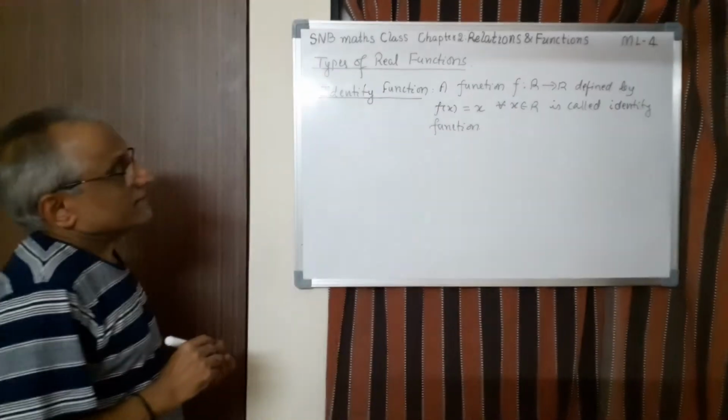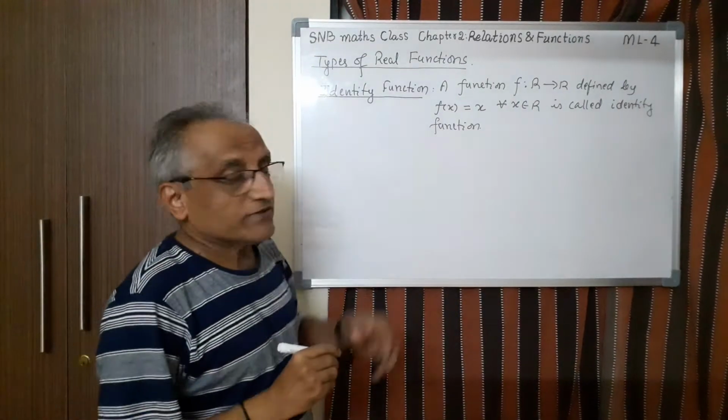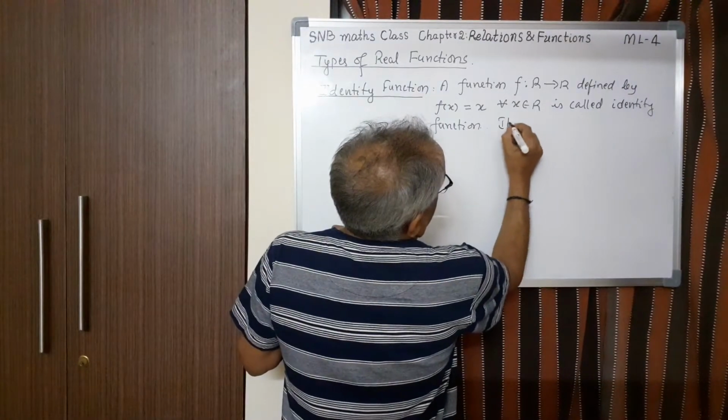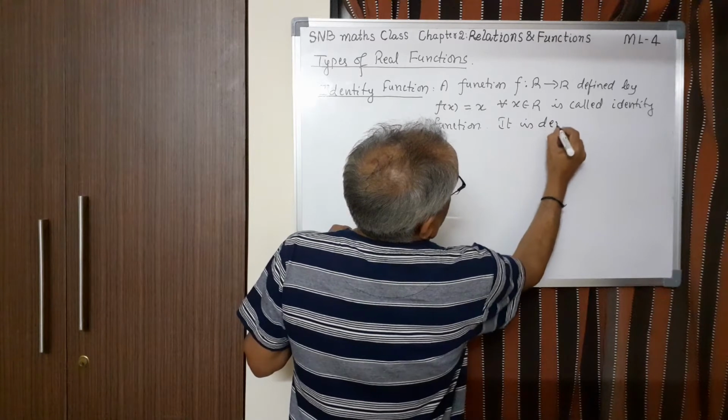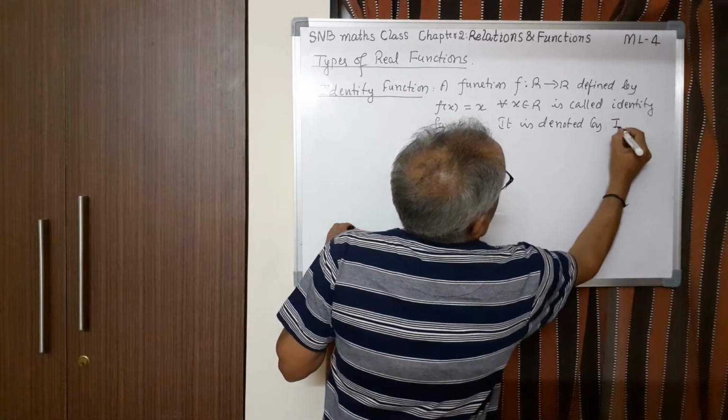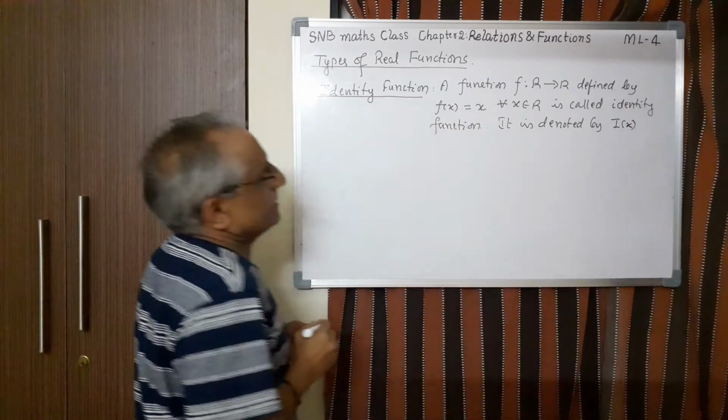Sometimes instead of writing f, we also write it as I of x. It is denoted by I of x.